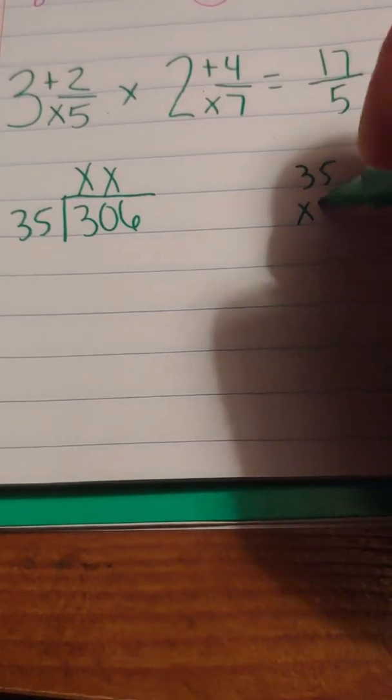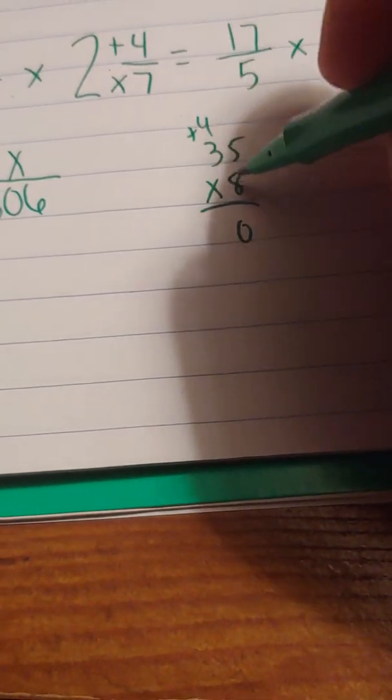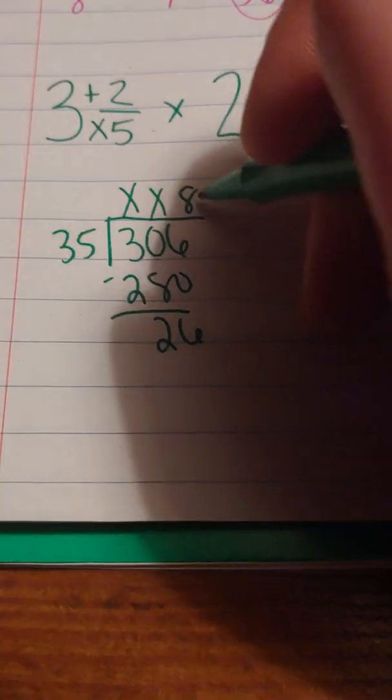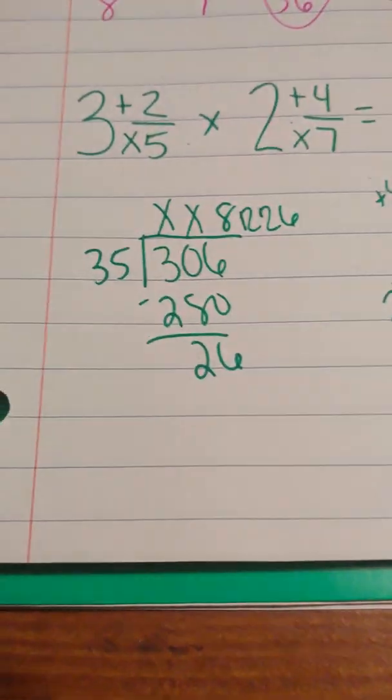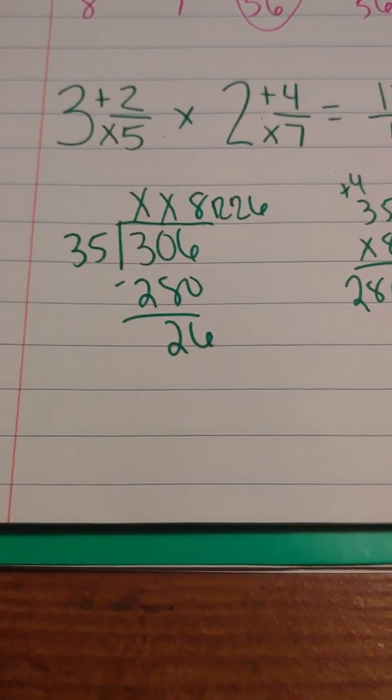So I'm going to do 35 times 8 over here. Just some estimation. So 8 times 5 is 40. 8 times 3 is 24. This is 280. And it does. It goes in 8 times. So then 280. When I subtract, I get 26. So it's remainder 26. And I'm going to use this to help me rewrite what my final product is.